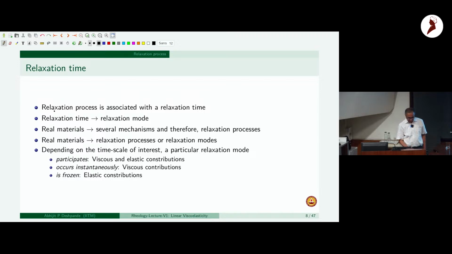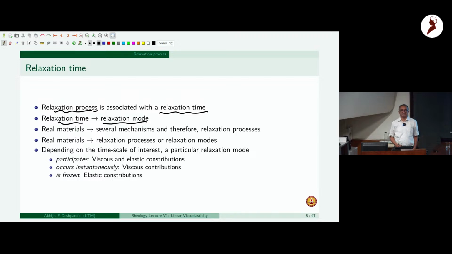And so each of the relaxation processes that is leading to this interplay of stress-strain relation is associated with a relaxation time. We refer to each and every relaxation time corresponding to a mode.